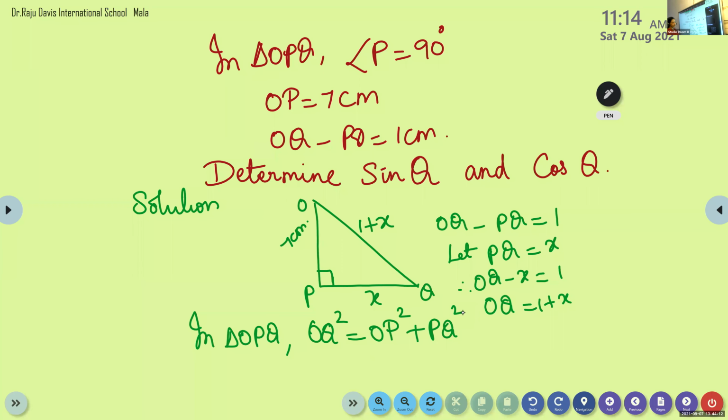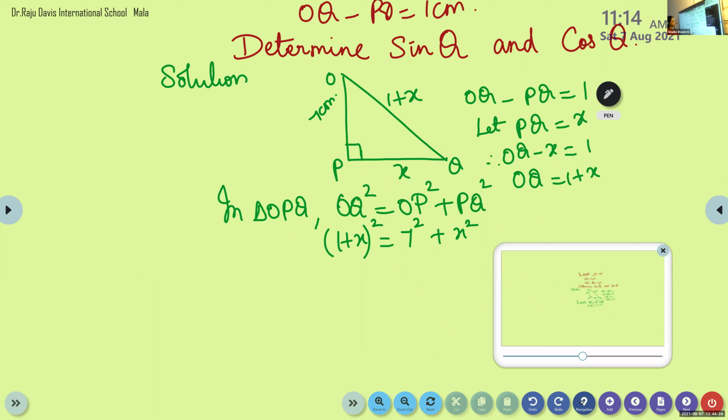Now apply the values: 1 plus X the whole square is equal to 7 square plus X square.